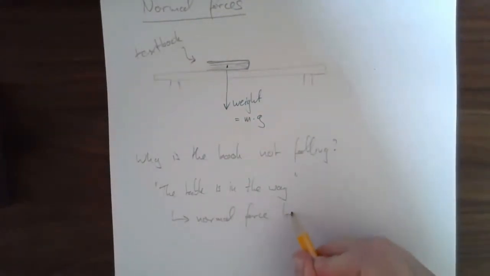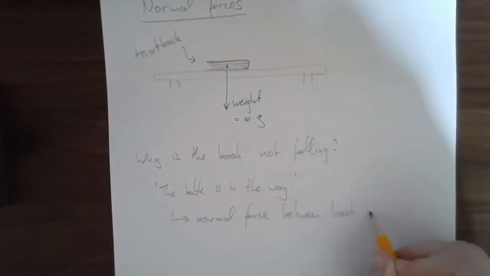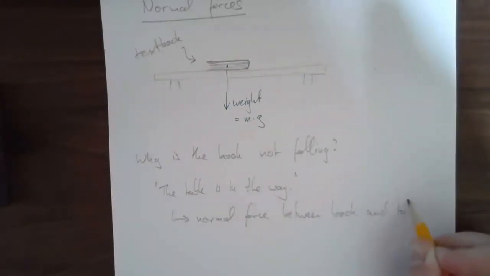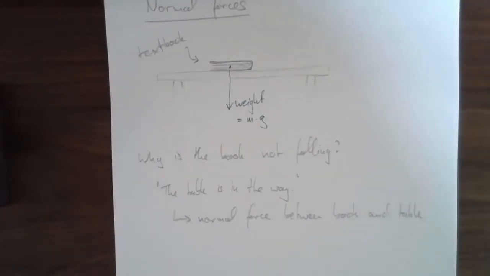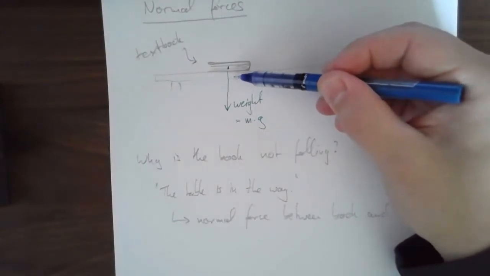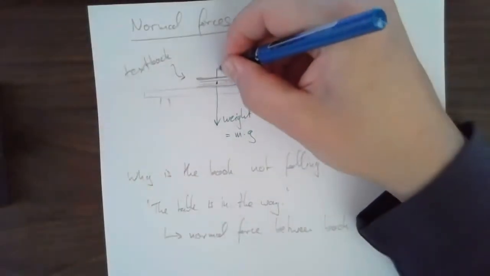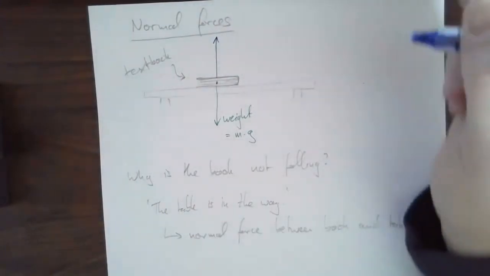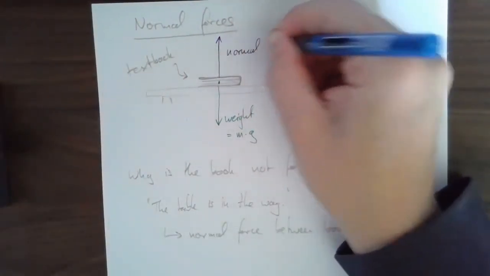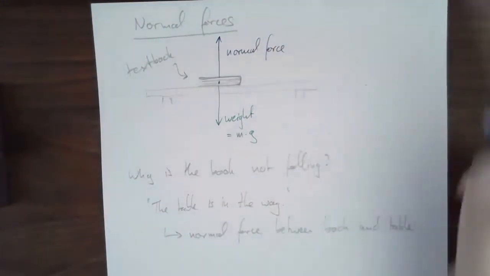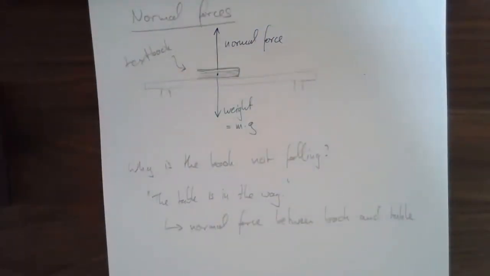Normal force between book and table. Of course, the normal force acts both ways, right? It's an interaction, like every force. I specifically care about the force due to the table on the book, and it's going to be upwards like this. And it is what's going to stop the book from falling through the table, right?